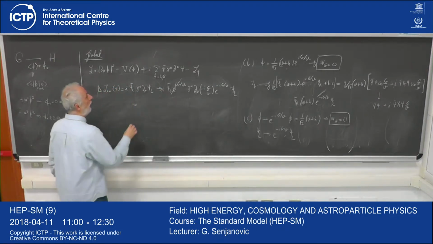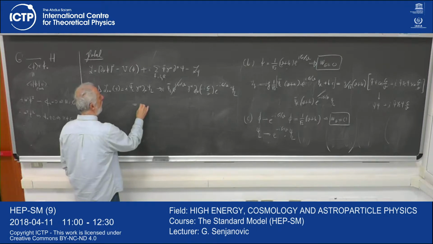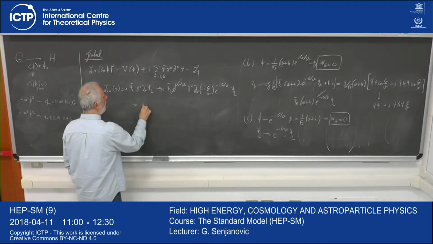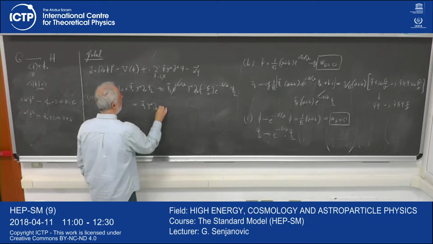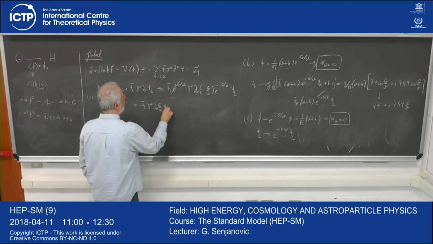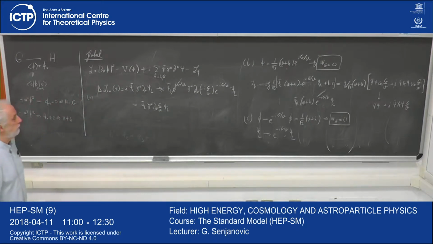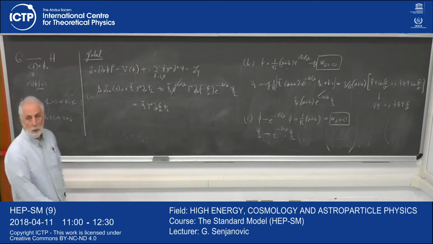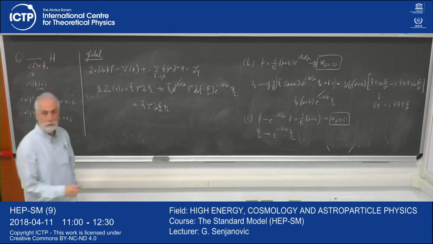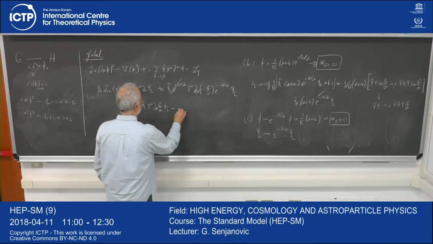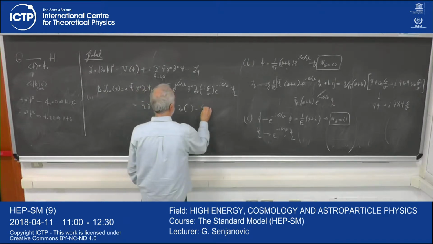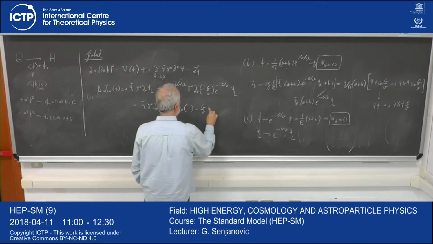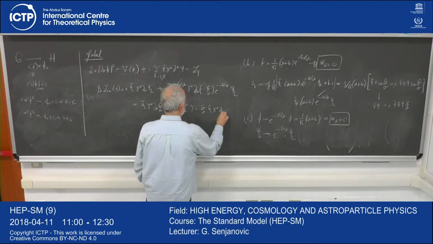And this gives me minus psi L bar gamma mu d mu g over v psi L. I'm going to integrate this by parts. So this is d mu of everything, minus g over v, psi L bar gamma mu d mu psi L.